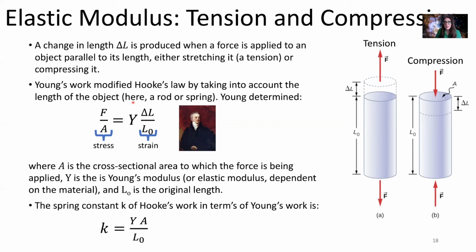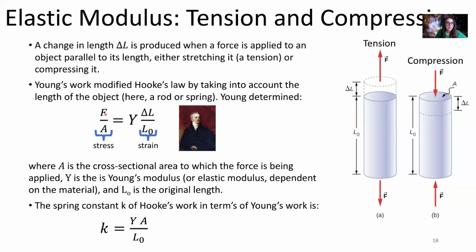So Young determined this equation right here that says that the force applied over the cross-sectional area to which it is applied equals what we call the Young's modulus times an experimental constant times the distance that you stretch or compress that material divided by the material's original length.